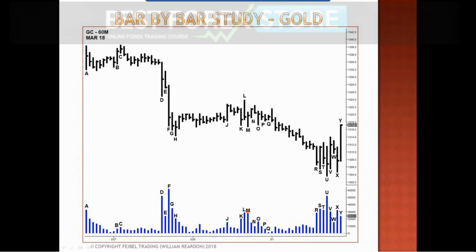Here we don't dip under and reverse to close firm, and on much less volume. Bar M dips under K to reverse and close firm above these two lows.